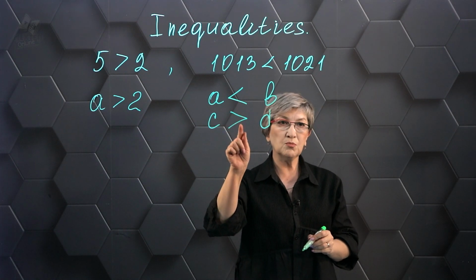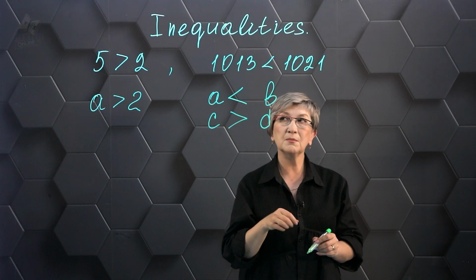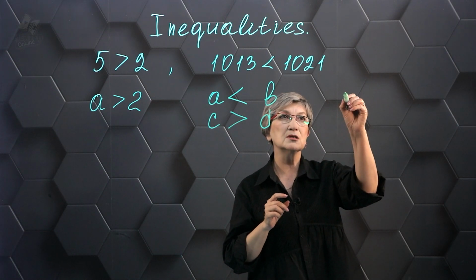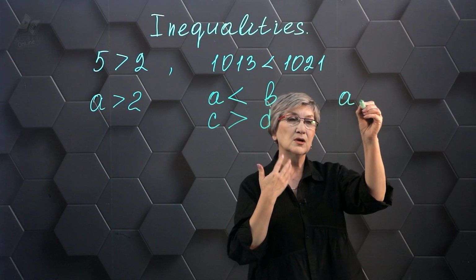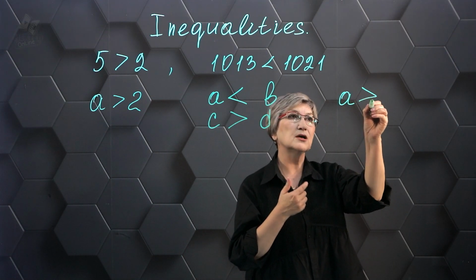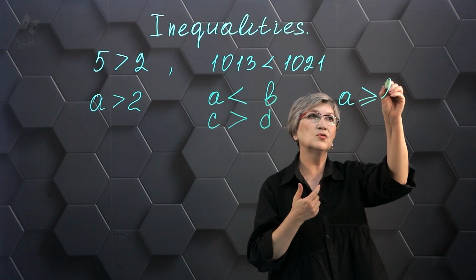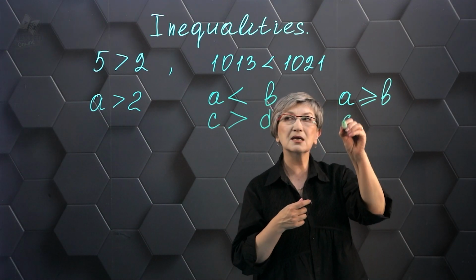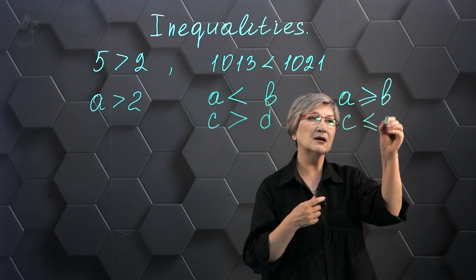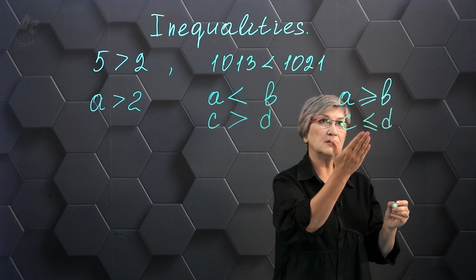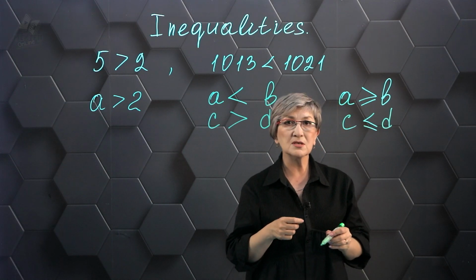The signs for less and more are called strict signs, and then there are non-strict signs. So if I write down that A is greater than or equal to B, or C is less than or equal to D, then these inequalities would be called non-strict inequalities.